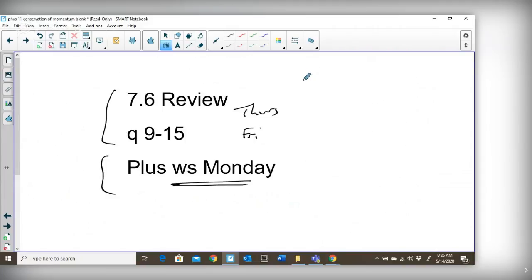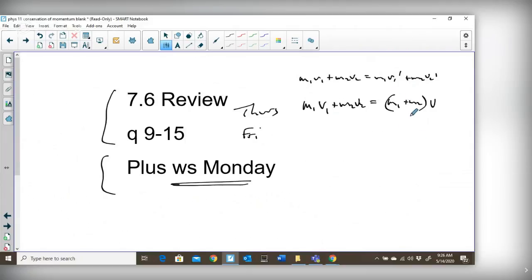But we're talking about conservation of momentum. m1v1 plus m2v2 is equal to m1v1 prime plus m2v2 prime, the general format that we would use. This is standard. This doesn't change. But we modify this if they're colliding together: m1v1 plus m2v2 is equal to m1 plus m2 times v.